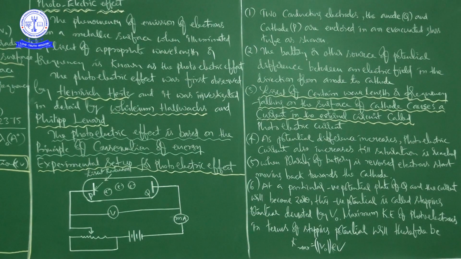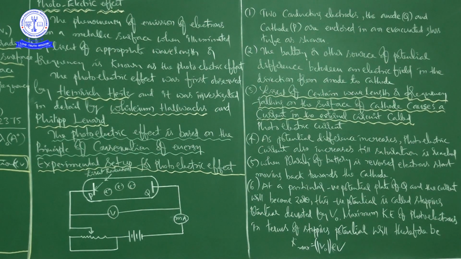I will repeat once again. Light of certain wavelength or frequency falling on the surface of the cathode causes a current in the external circuit called photoelectric current or photocurrent.